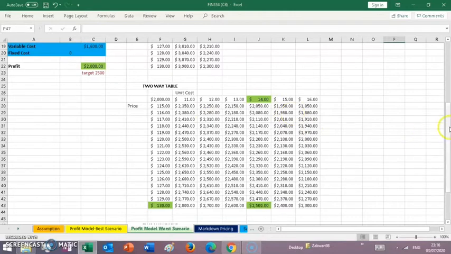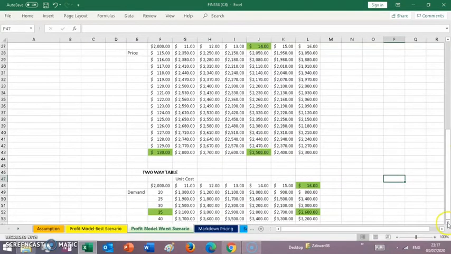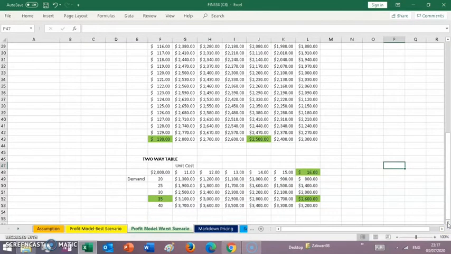I get the target, but I need to decrease the unit cost to 14 ringgit and increase the product price to 130, so I can get the target, which is 2500. I make one more test, which is unit cost and the demand.